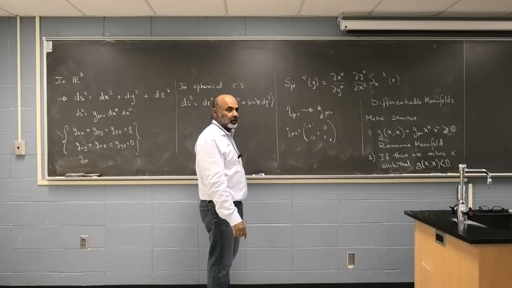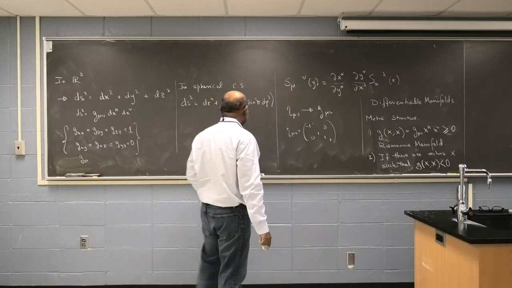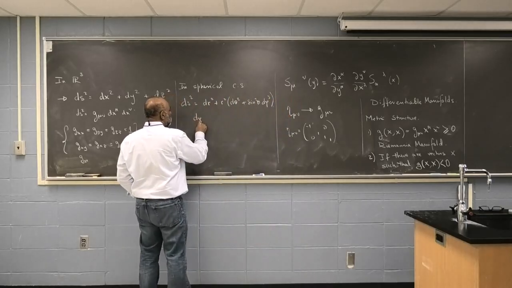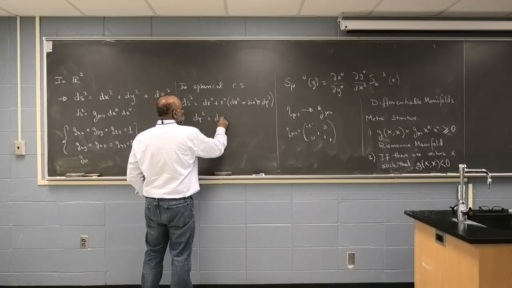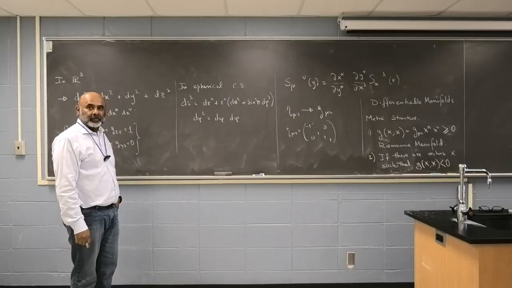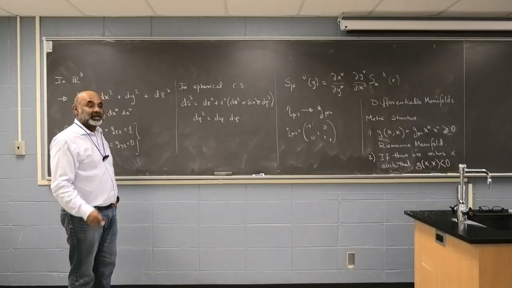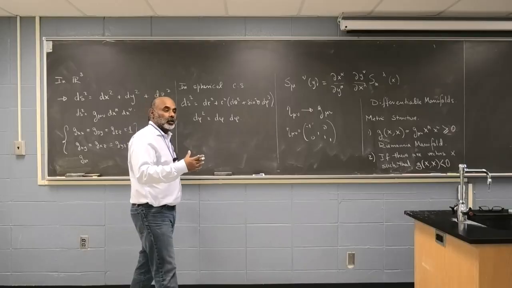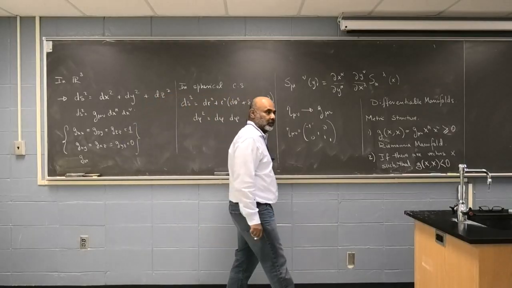You'll be doing this. Again, really, d phi squared is short for d phi d phi, which I mentioned can be used to put tangent vectors in there.